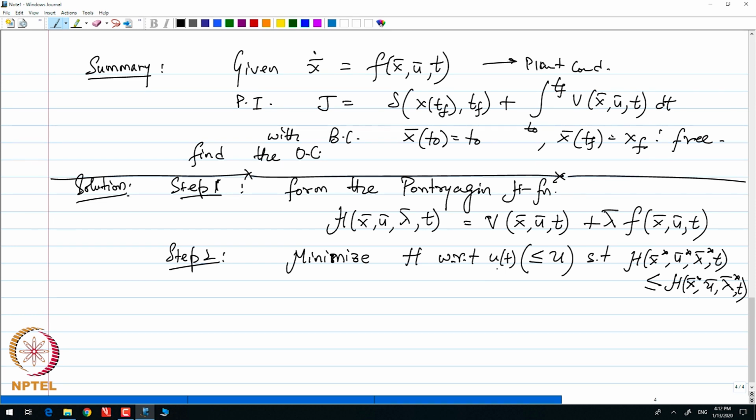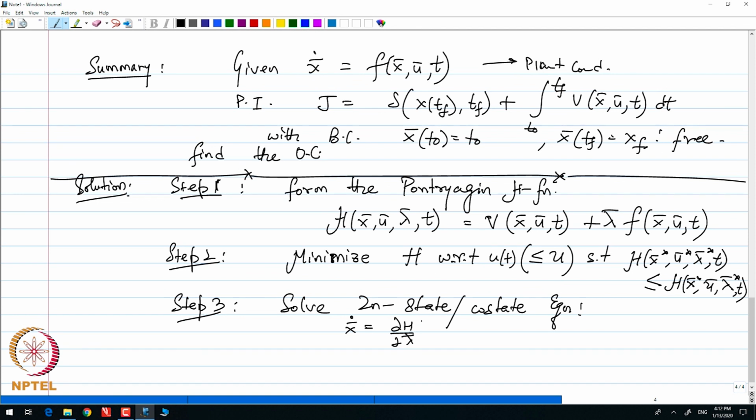Okay, and then of course, we have to solve the 2n Hamilton's equations, the 2n state and co-state equations given by x bar dot is equal to del H del lambda at star and lambda bar dot star is equal to minus del H del x at star, right.